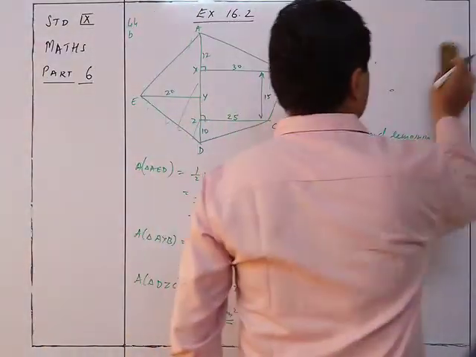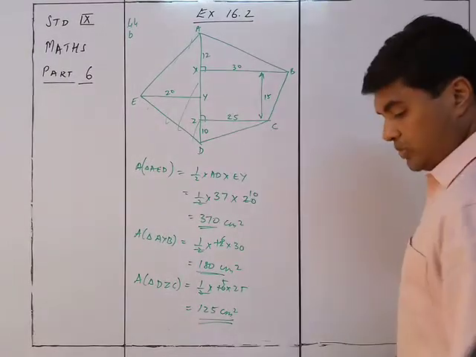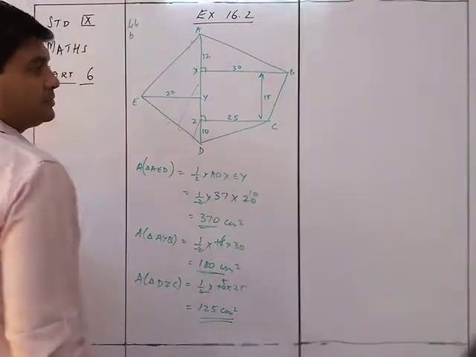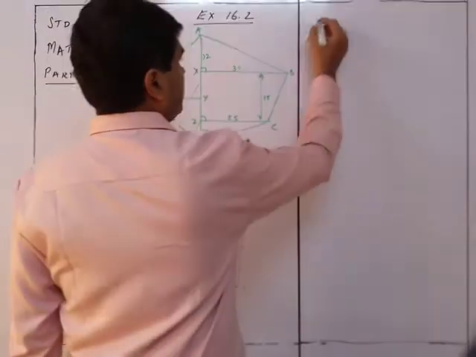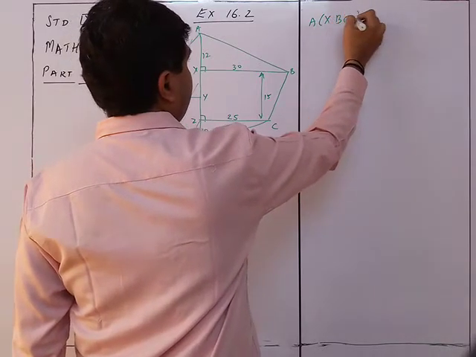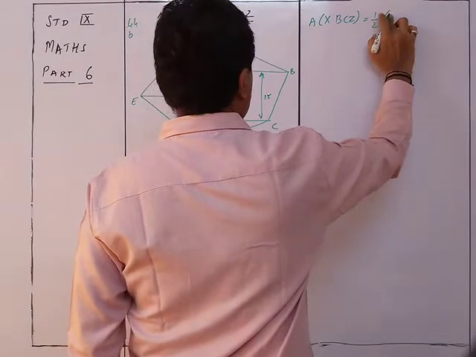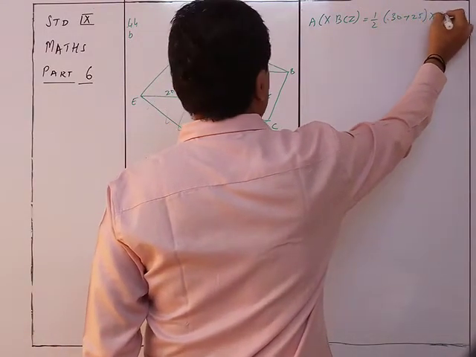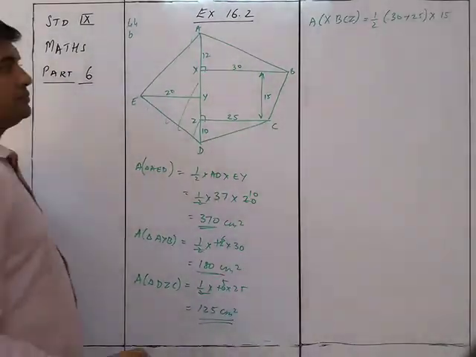Finally, we see the trapezium over here. So in the trapezium, we know the height and we know the parallel sides. So area XBCZ is equal to half into sum of parallel sides, 30 plus 25, into height 15.